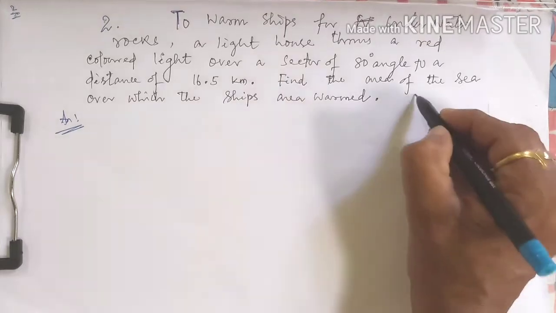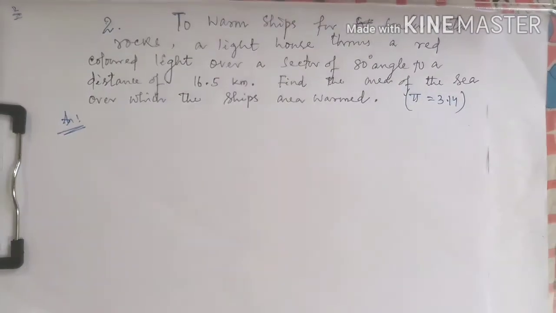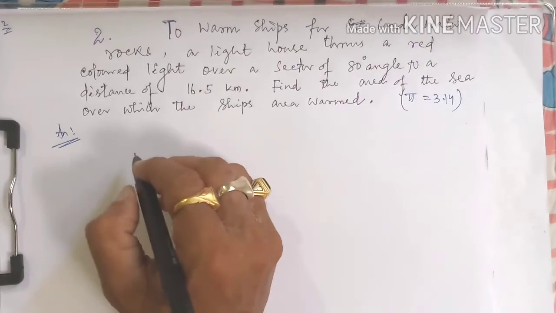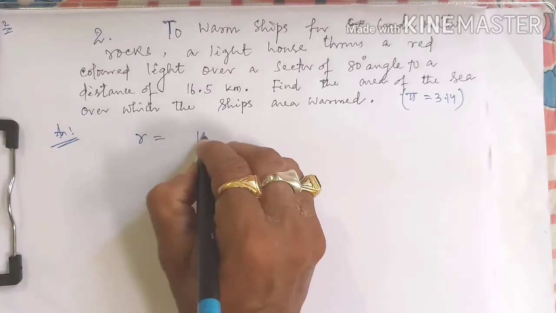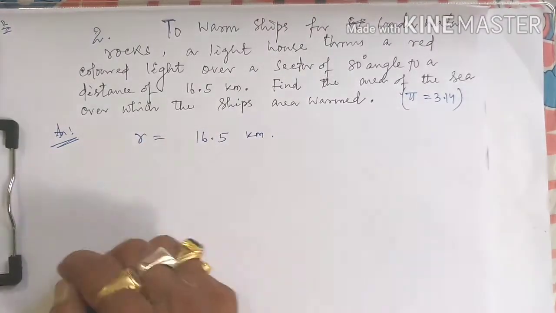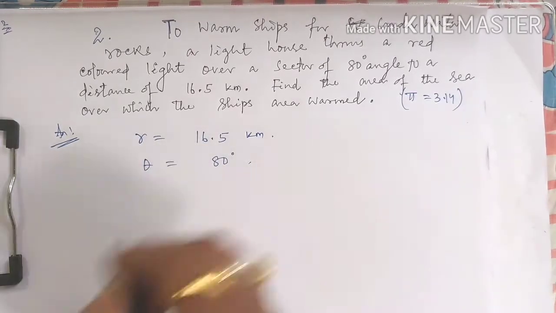Now to calculate here, you have to take pi equal to 3.14. So here you see students, we have r equal to 16.5 kilometer and theta equal to 80 degree.